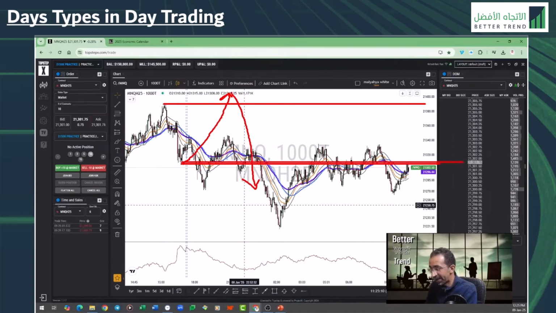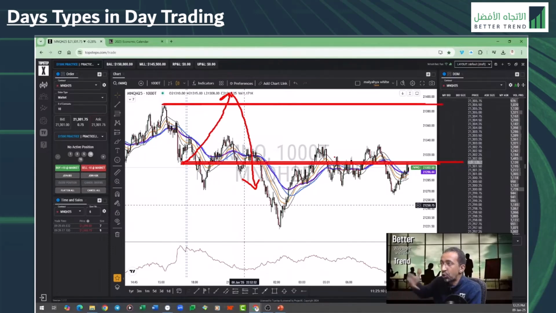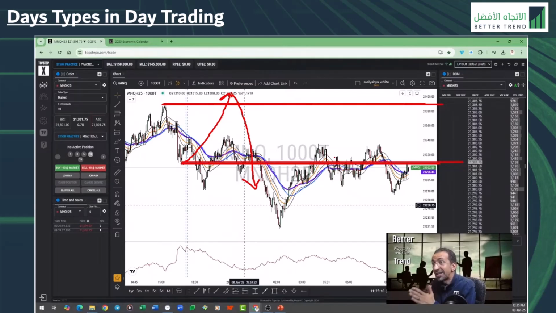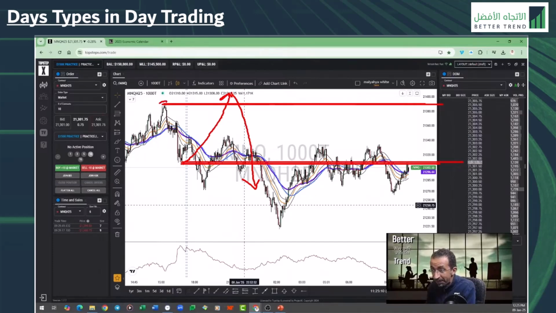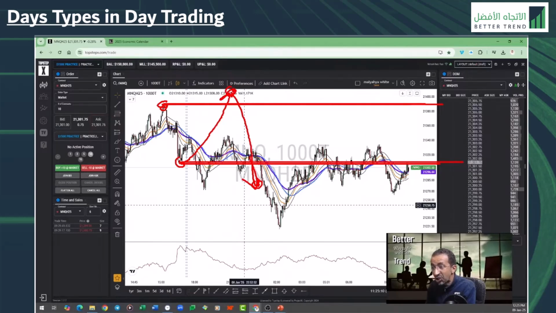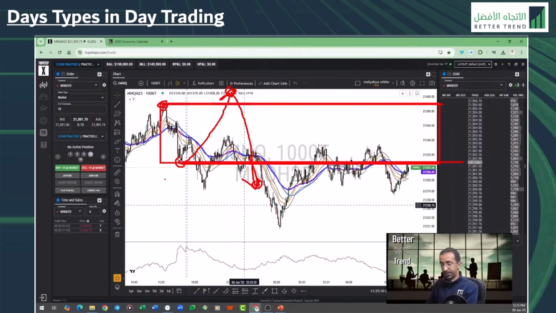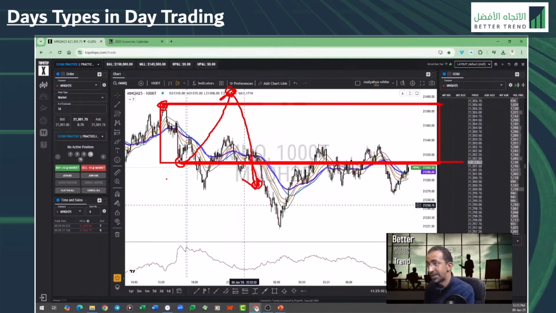This is the chop area. So this is not a choppy day. That doesn't mean the market will not do some choppy places, but it is not a chop day. You look at the previous swing high and low. If the market taps higher and then taps lower, then it is a choppy day, and this is the chop area. So it is not a choppy day.